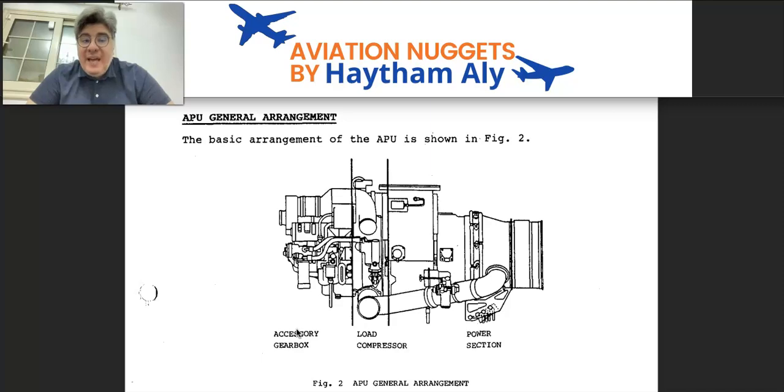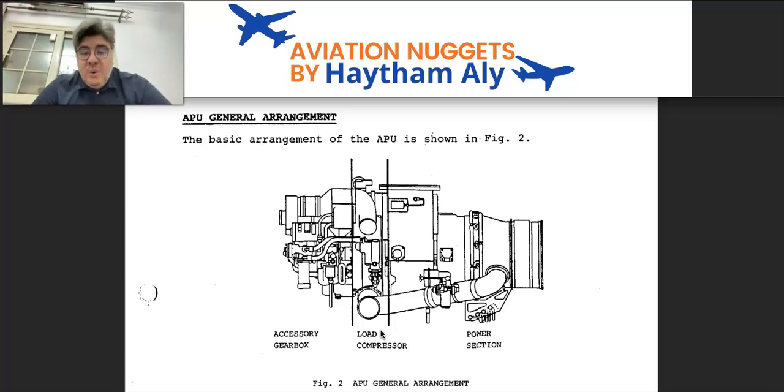So, do we have 2 compressors inside the APU? Yes. 1 compressor is meant for the power section gas turbine engine. And the second compressor, everybody, is a load compressor, from its name, to provide the aircraft with pneumatic load. Okay, everybody?